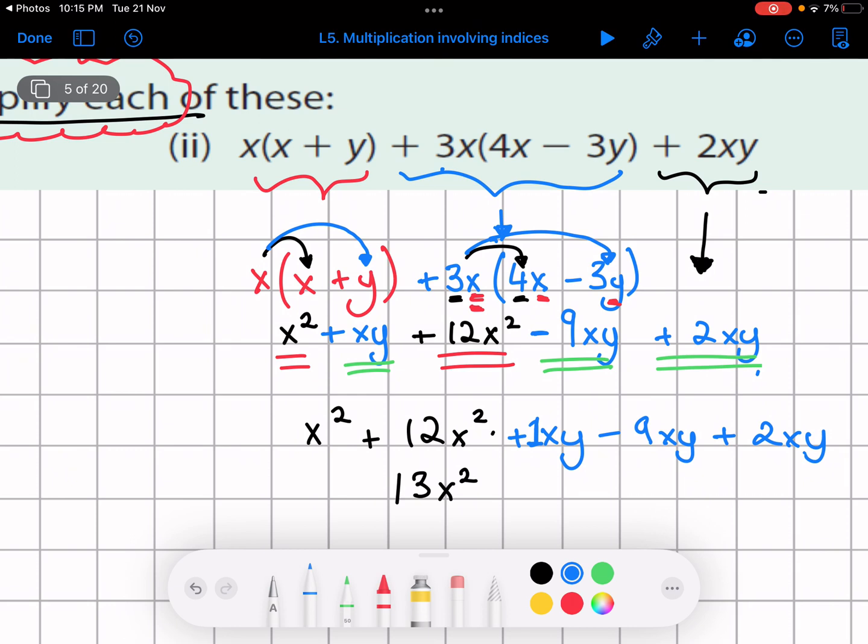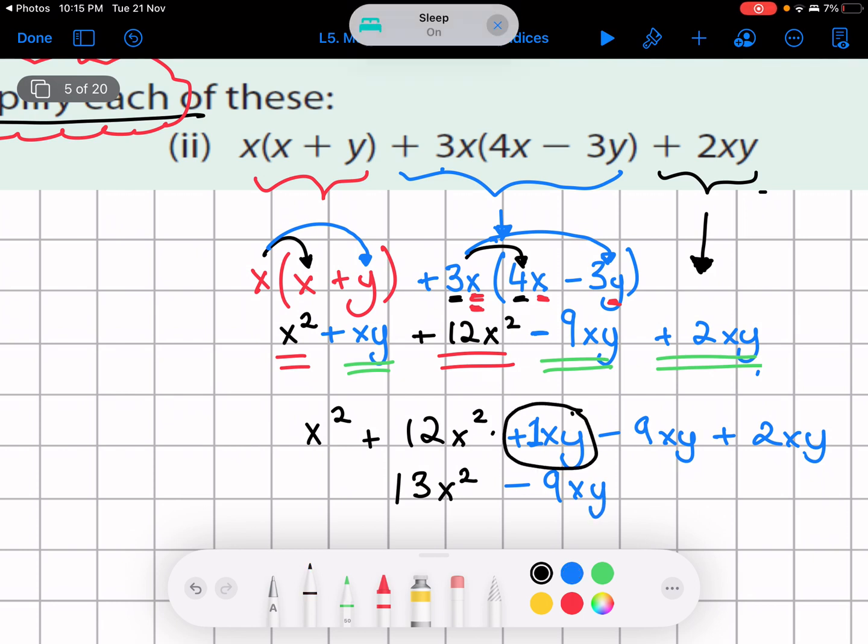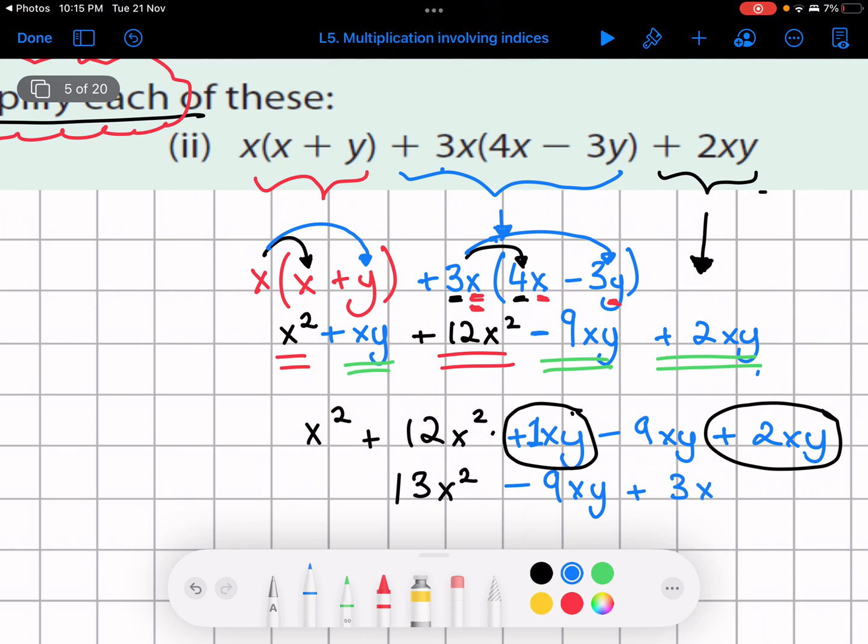So when we look at this, we could rearrange this as minus 9xy, and we have a plus 1xy and a plus 2xy. So that would be plus 3xy. So we have 13x squared minus 9xy plus 3xy.